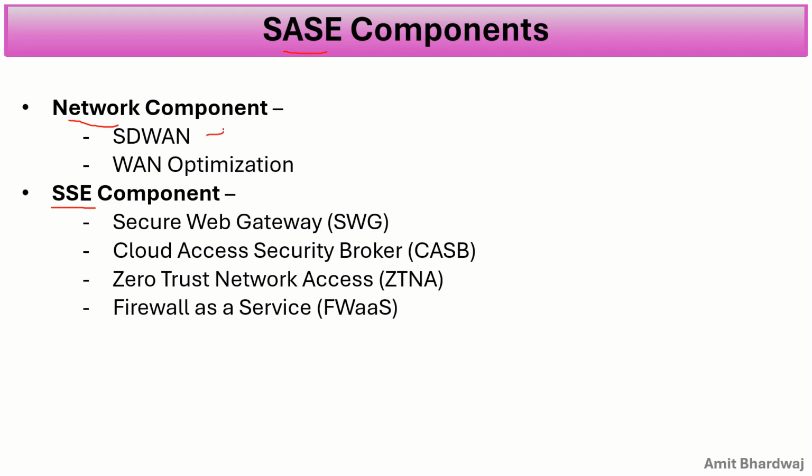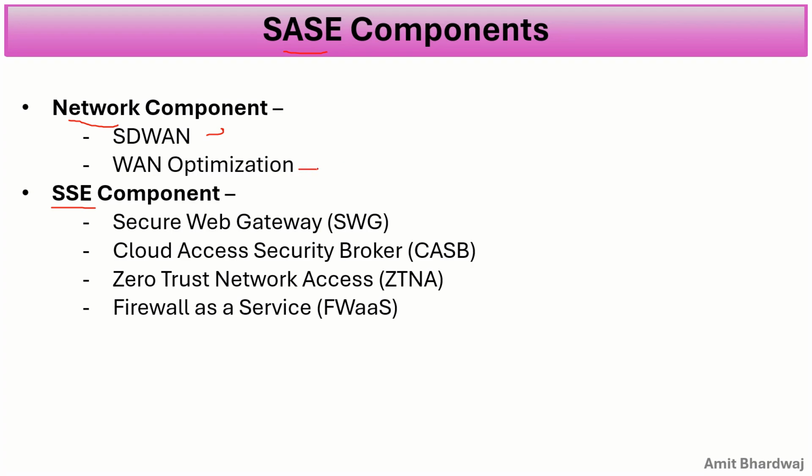SD-WAN allows dynamic traffic routing across assets to optimize performance for user-to-data-center communication, cloud applications, and communication across branch offices or headquarters. That is the responsibility of SD-WAN.